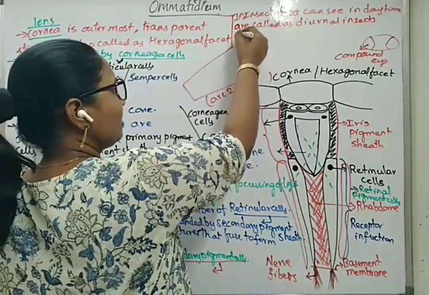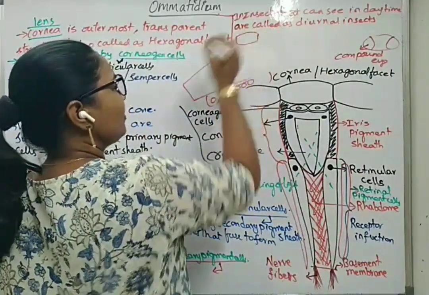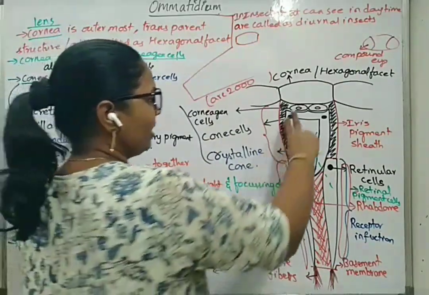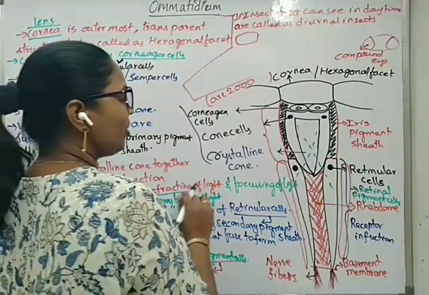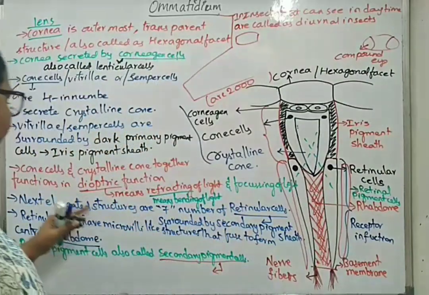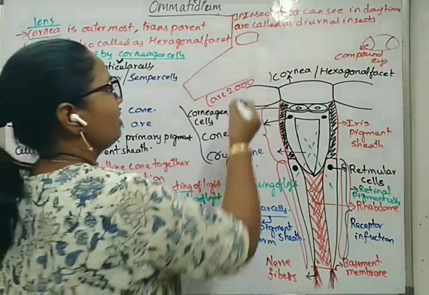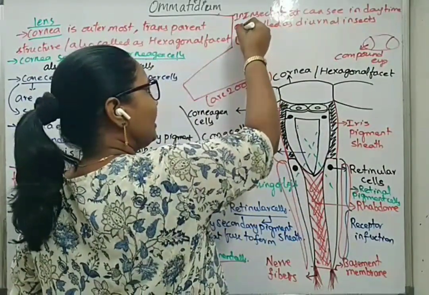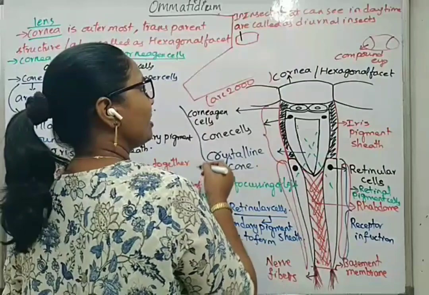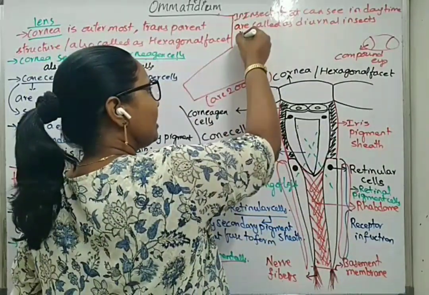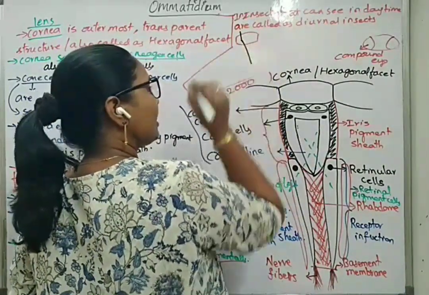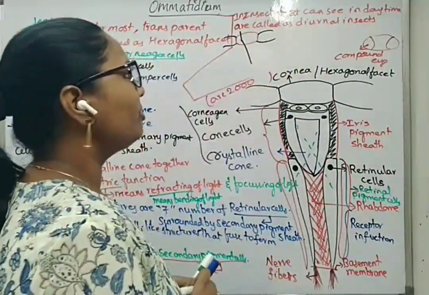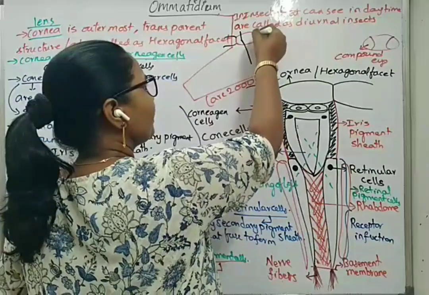Suppose in such insects, this is the cornea, the upper part of the cornea supports dioptric type of vision. We have written here dioptric, meaning they do two types of functions. When sunlight is being focused, these corneagen cells bend the light and support focusing of the light onto the rhabdom, the central rhabdom.